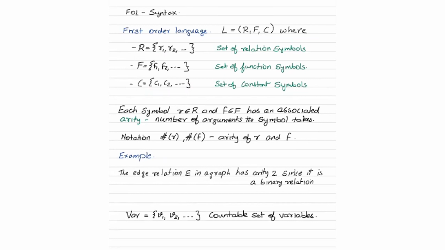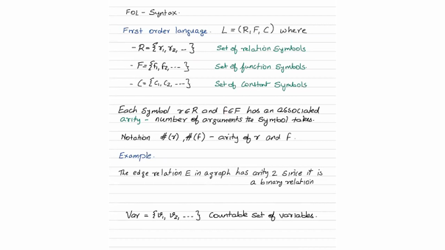Now, relations and functions typically have some kind of an arity associated with them, right? So if you have a function f, in order to apply that function, you need to know how many arguments that function takes. That's what is called arity. So with each symbol, you also need to specify the arity of that symbol, and that is built into the language.